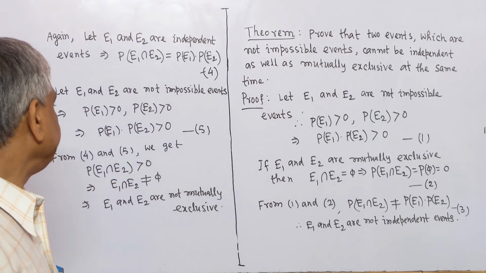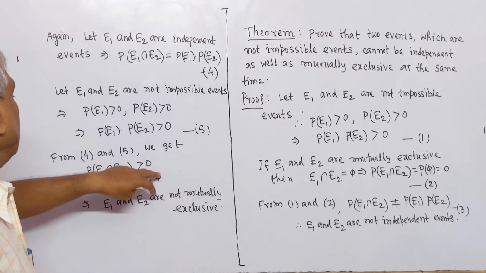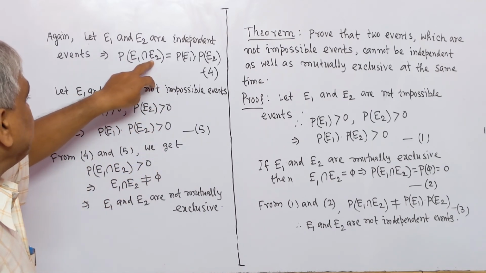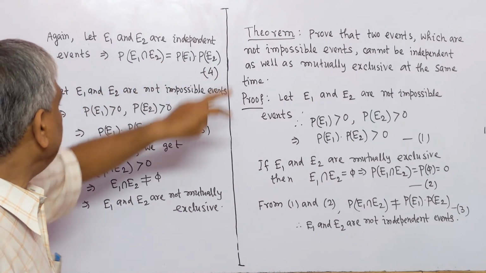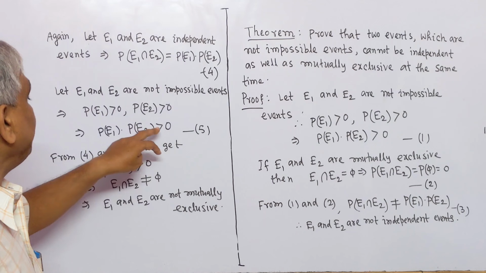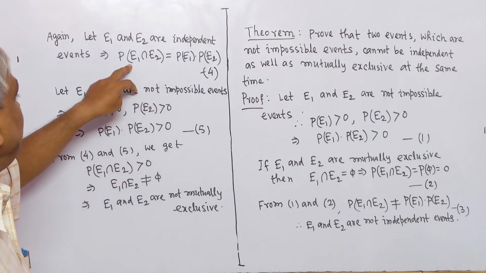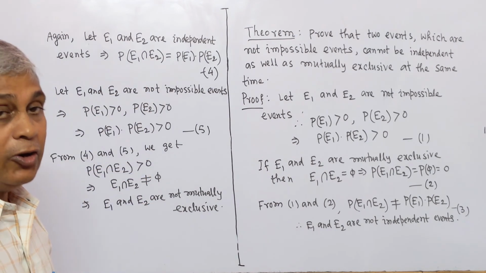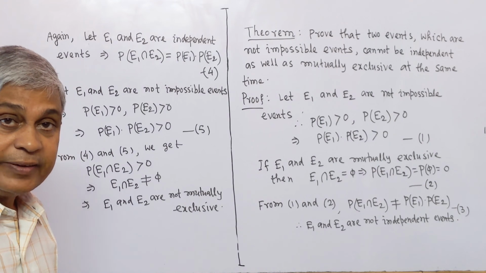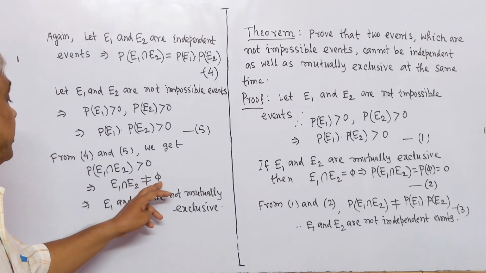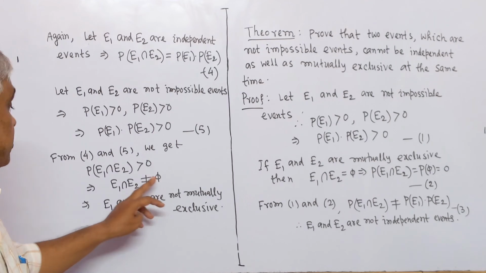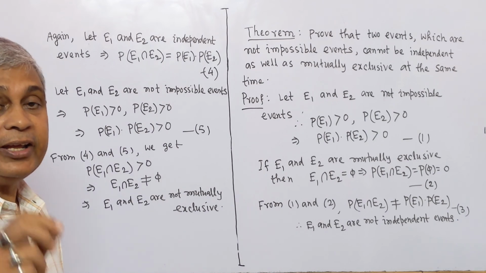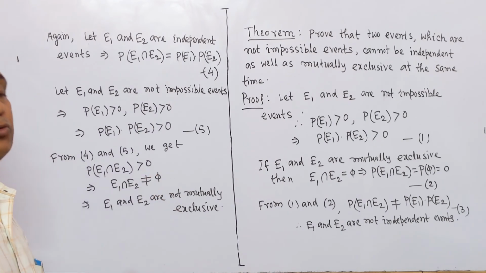This is number 5. From 4 and 5 here we see that in 4 P(E1 intersect E2) equal to P(E1) multiply P(E2). And here P(E1) multiply P(E2) greater than 0. That means P(E1 intersect E2) greater than 0. Probability of an event is greater than 0. That means that event is not an empty set. So E1 intersect E2 not equal to phi. That means E1 and E2 are not mutually exclusive.